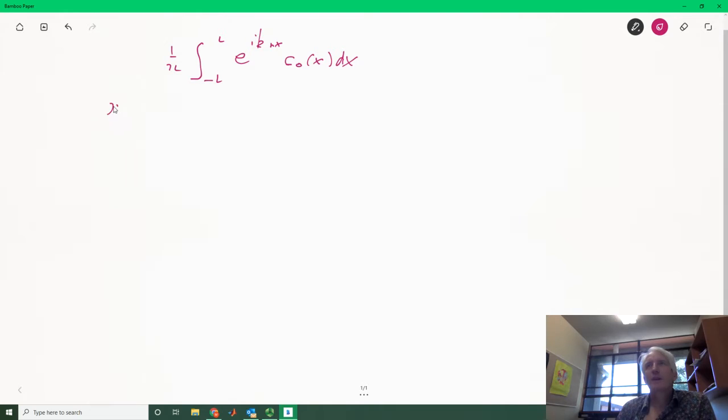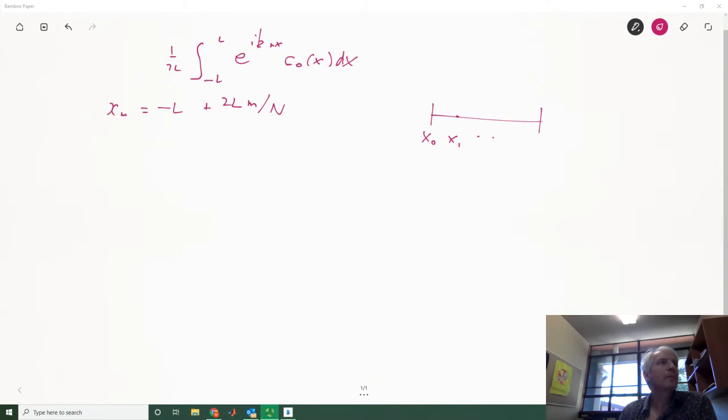So we're going to divide it with x_m equal to minus L plus 2Lm over n. So we're basically dividing this interval into a sequence of points x_0, x_1, and so on, and the final one is x_n.